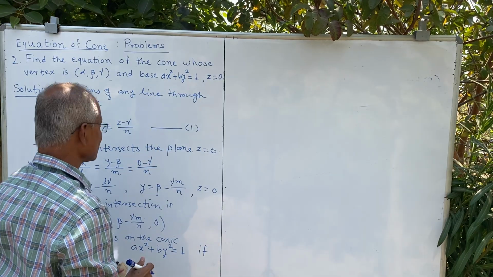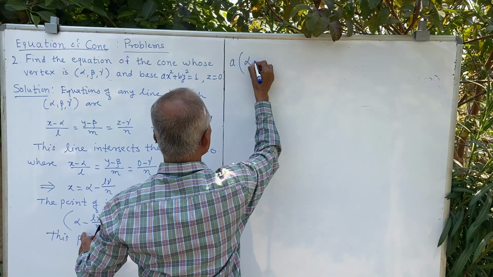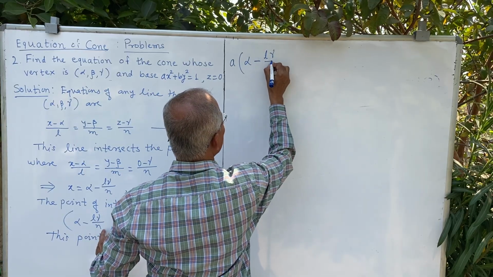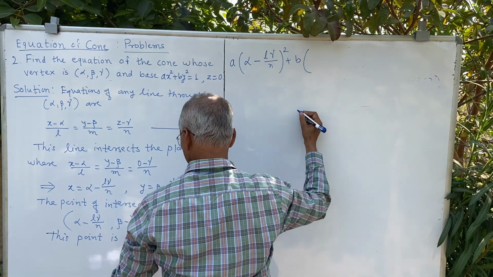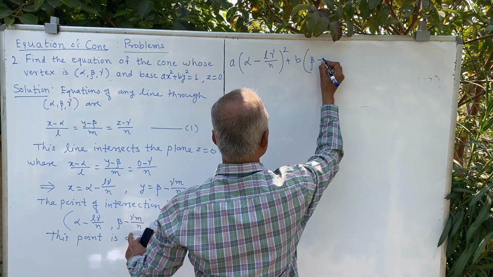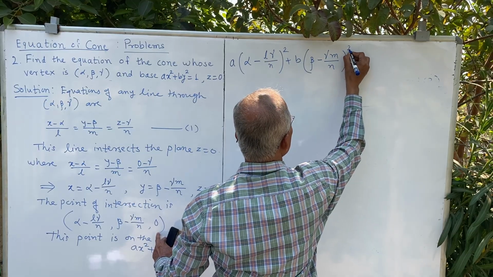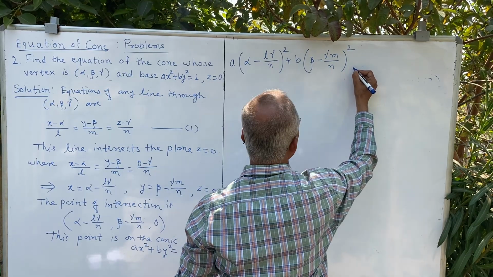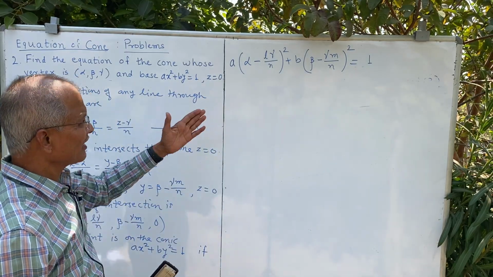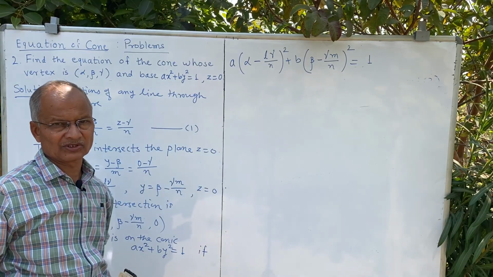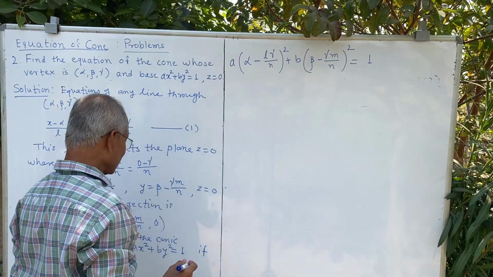So, a into x square, and that is a, x is alpha minus L gamma divided by n whole square plus b, y is beta minus gamma into m divided by n whole square is equal to 1. Simplify this and eliminate alpha L m n, we will get the equation of the conic, and this can be done from the second equation.